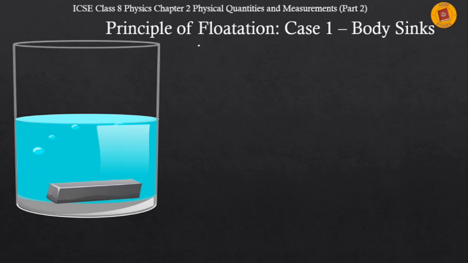In one case, if I put the body, it will sink, like if I put a coin or a bar of metal in water. In the second case, the body floats above the surface of water, and in another case, it will float just so that the upper surface of the body is just in touch with the surface of water. So let's study the cases one by one.